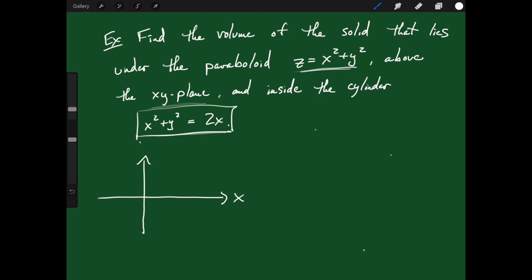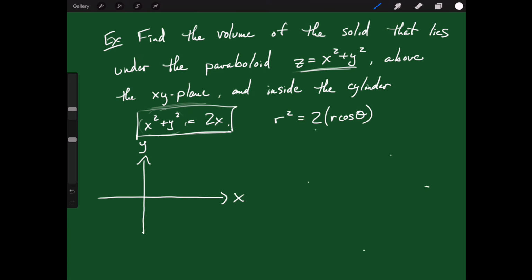So here's my x and my y. Let's convert this cylinder into polar. We know that x squared plus y squared is just r squared. And so r squared equals 2 times x, but x is r cosine of theta.